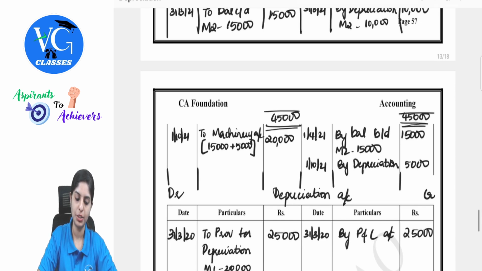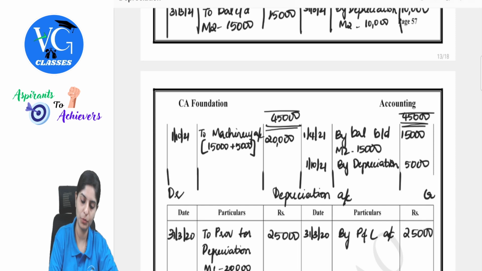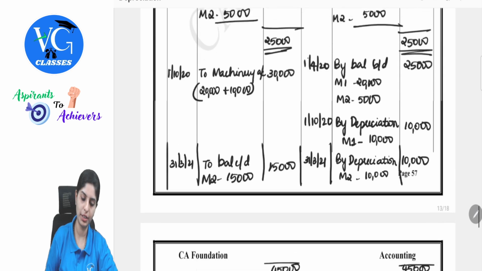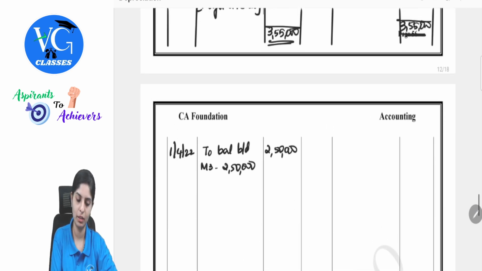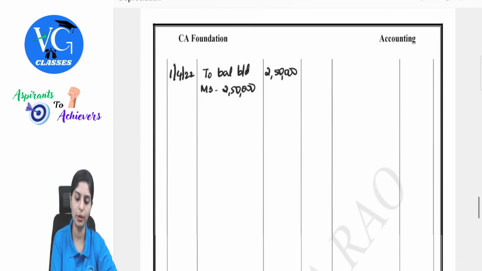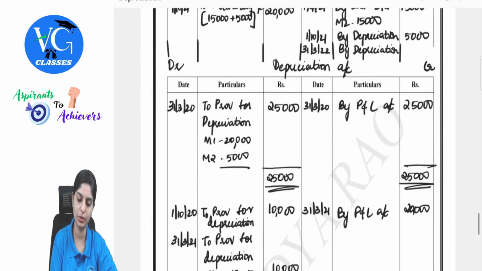Provision for depreciation. There was one more machinery which was bought. So for that depreciation will be 31st March 22 by depreciation. I bought it on which date? 1st October. 2 lakh 50 upon that 10% into 6 by 12.